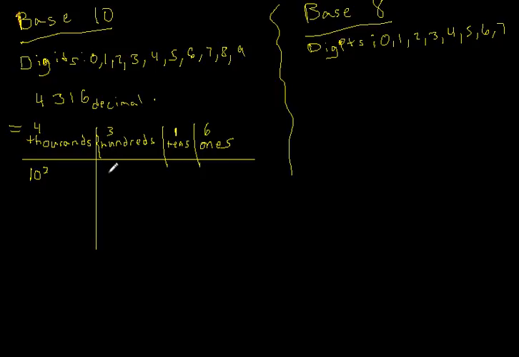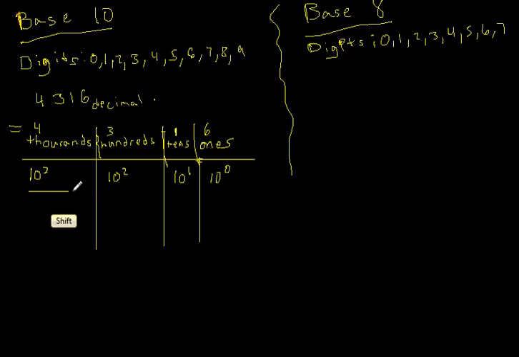And our hundreds would be 10 to the second power. So tens, 10 to the first power, and then the ones place value in the base 10 system would be 10 to the 0, and anything to the 0 power equals 1.